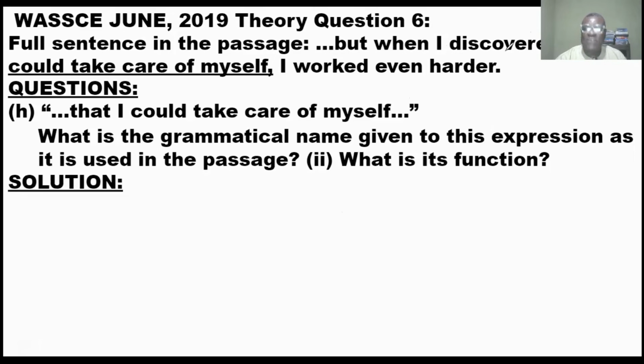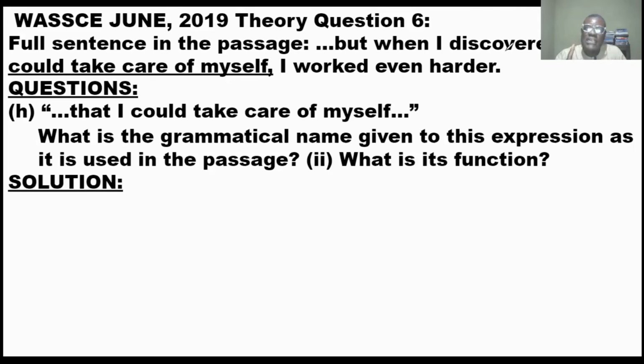But when I discovered, now if someone says this to you and you don't know anything he or she is talking about, what are you going to ask? When I discovered, the question naturally is, when I discovered what? And as I earlier mentioned, the only grammatical class that can answer the question what is a noun.